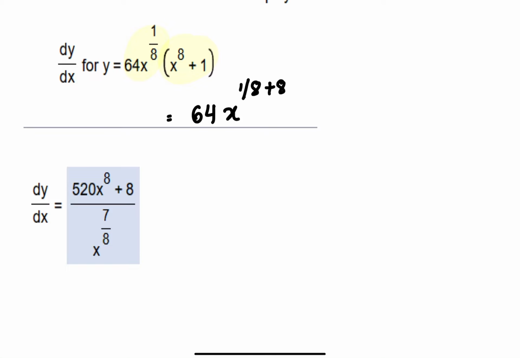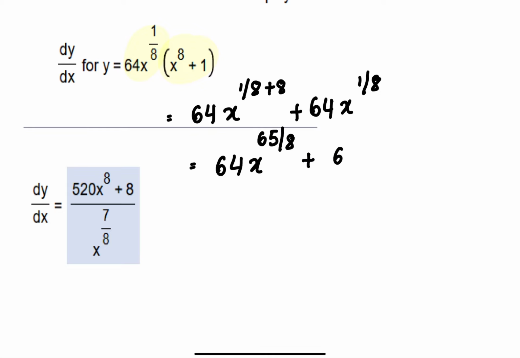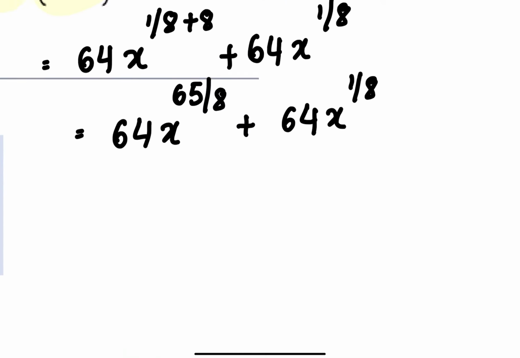Remember, when I multiply, I add the powers, plus 64 x to the power 1 over 8. 8 plus 1 over 8 is 65 over 8, so 64 x to the power 65 over 8 plus 64 x to the power 1 over 8. Now let's go ahead and find the derivative.